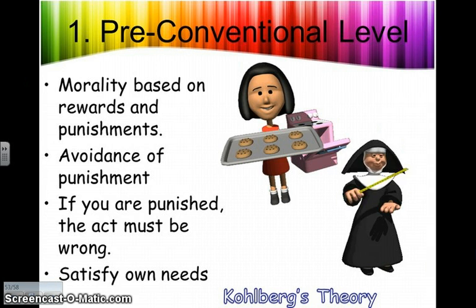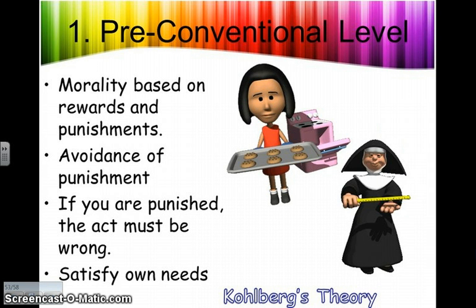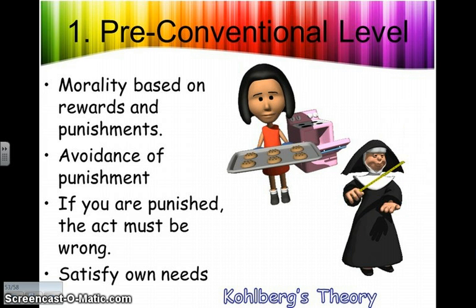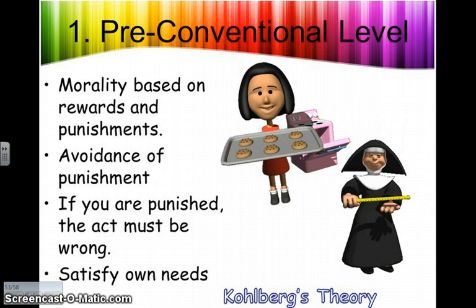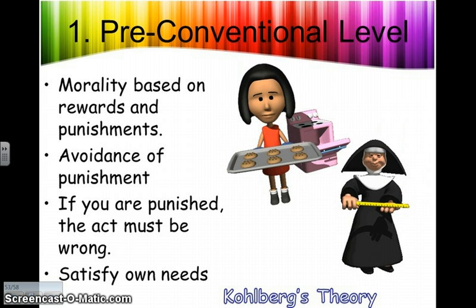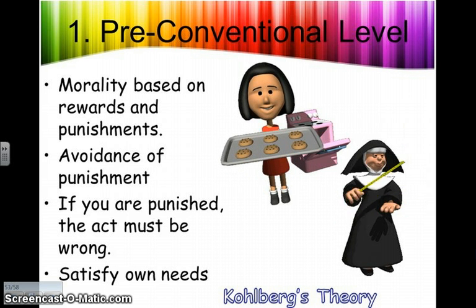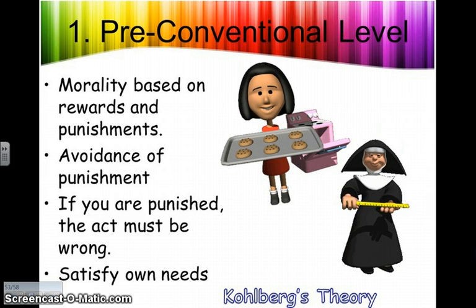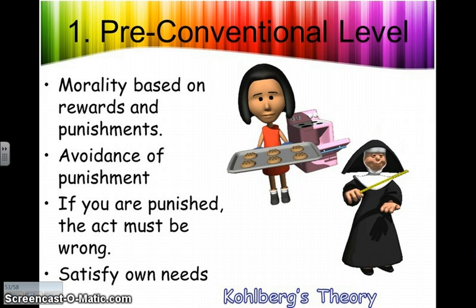Now, let's take a look at his theory. First of all, the pre-conventional level. Again, this would be Kohlberg's stages 1 and 2. The pre-conventional is the lowest level of moral reasoning. Stage 1, Kohlberg said, was based on obeying rules and avoiding punishment.